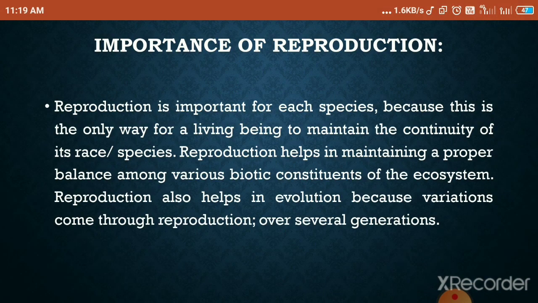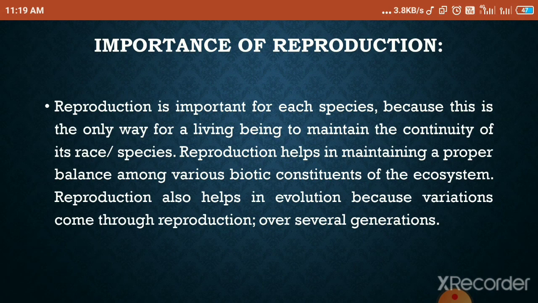If they do not produce the next generation, it affects the survival of the species. So organisms reproduce to maintain the continuity of their species or their race.